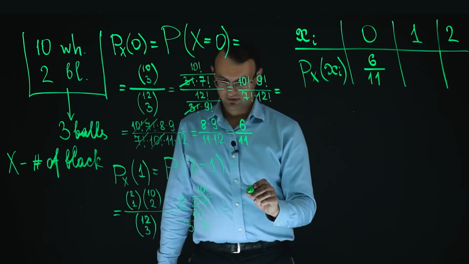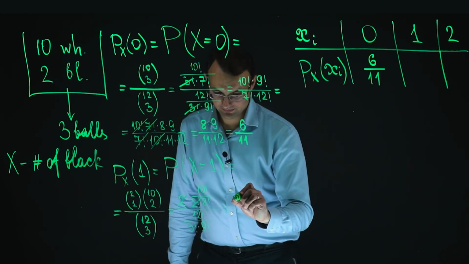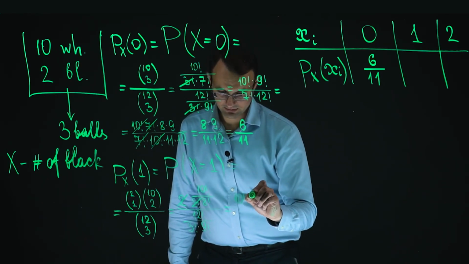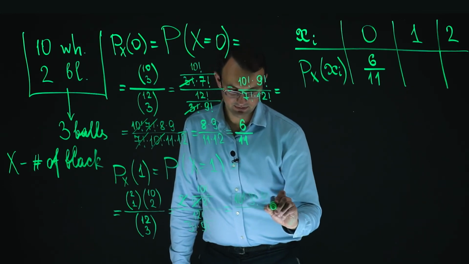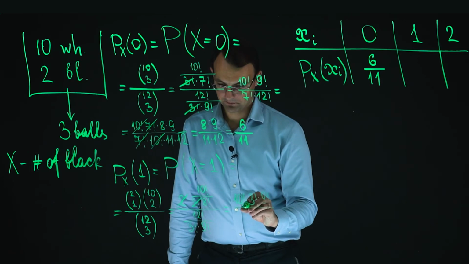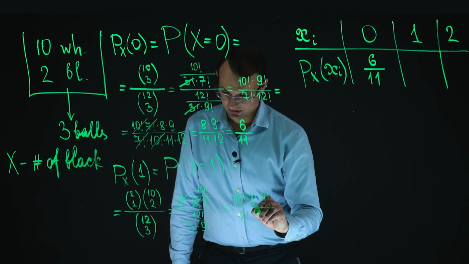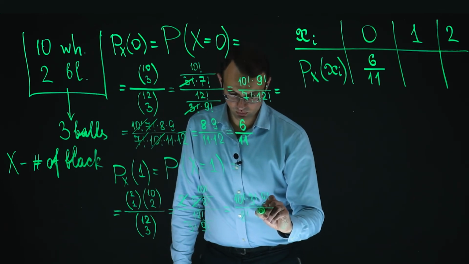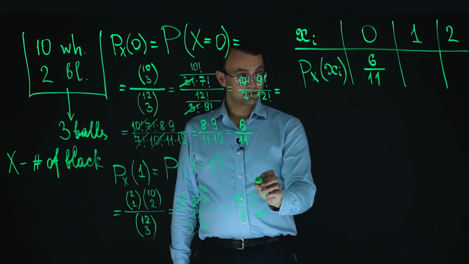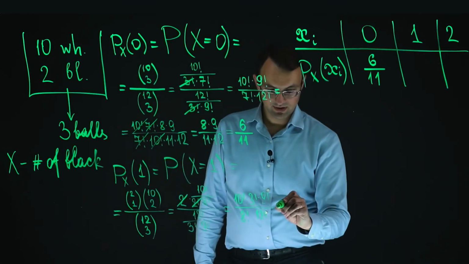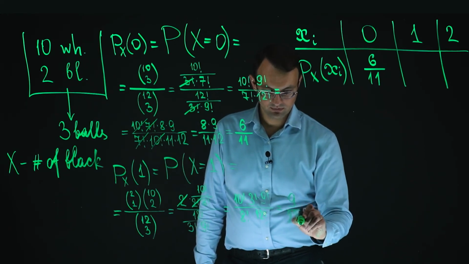And what is left? 10 factorial times 3 factorial times 9 factorial divided by 8 factorial times 12 factorial. And after simplification, this is 9 over 22.